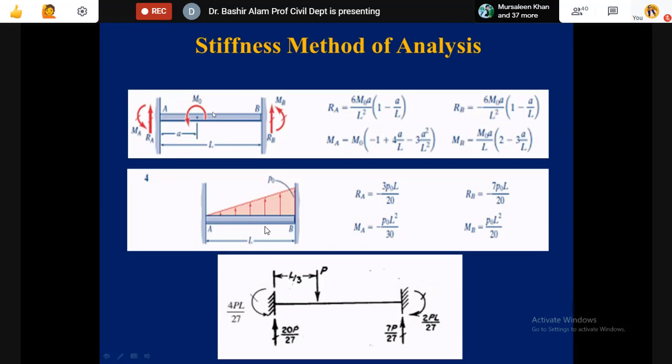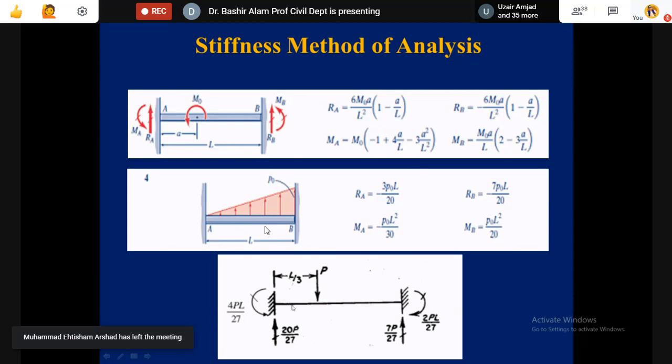Similarly here, if a couple is provided at a certain distance A, you can see the reaction at B. Let's take a fixed-ended beam with a triangular load, maximum intensity at B, zero intensity at A, so you can find out RA and RB by using this one. P naught is the maximum intensity, and you can find out moment at A and moment at B. Now, if it is off center, let's say it is L by 3, of L by 2, we have L by 3.